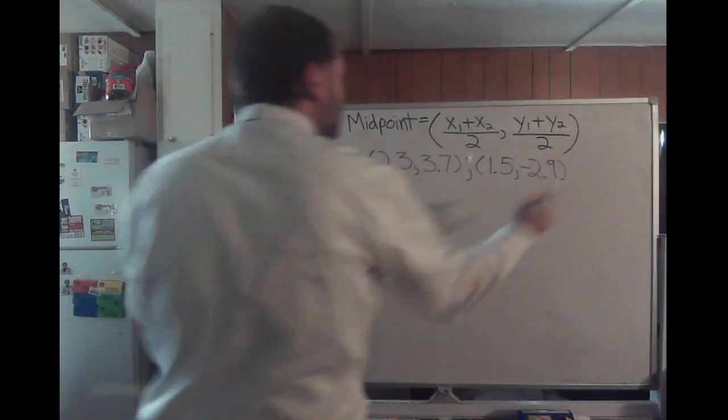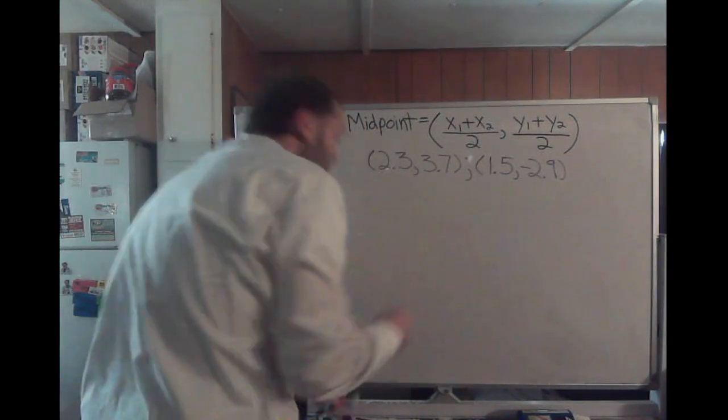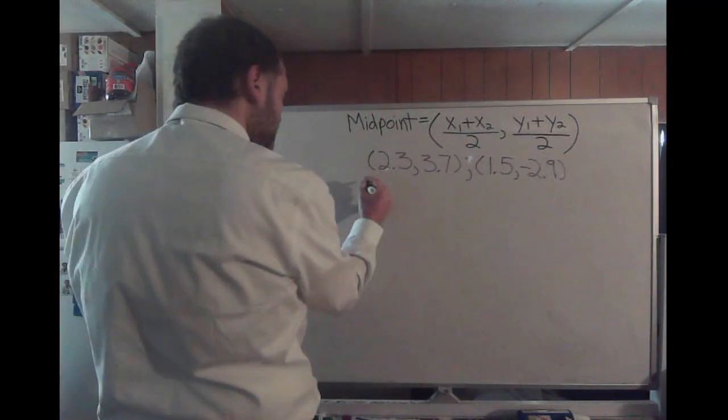So we have to find the midpoint of the ordered pairs 2.3, 3.7, and then 1.5, -2.9.